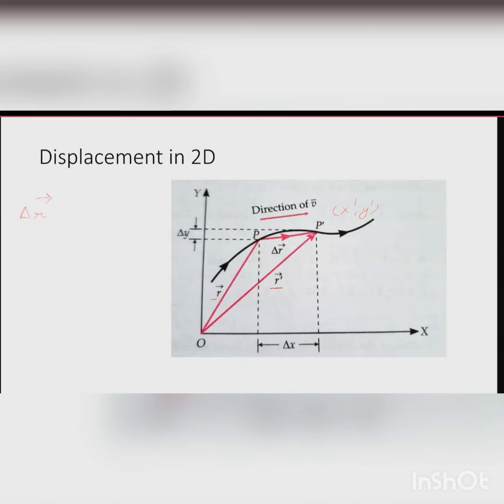Look at it in terms of the triangle law. How do we get delta r? It would be r prime minus r. Basically, delta r is your displacement vector.